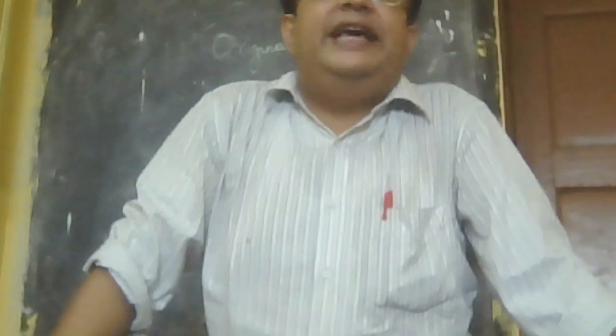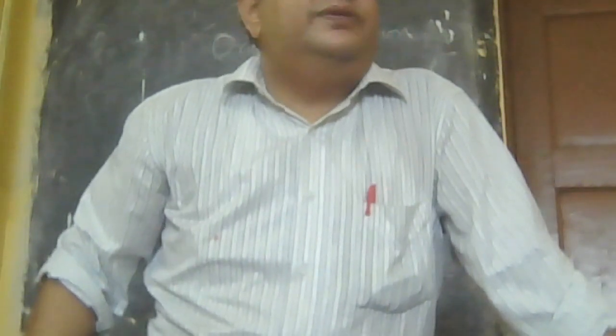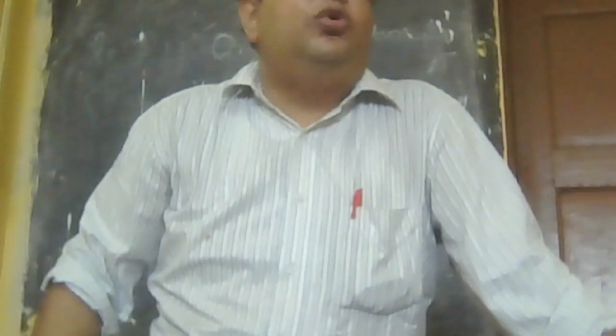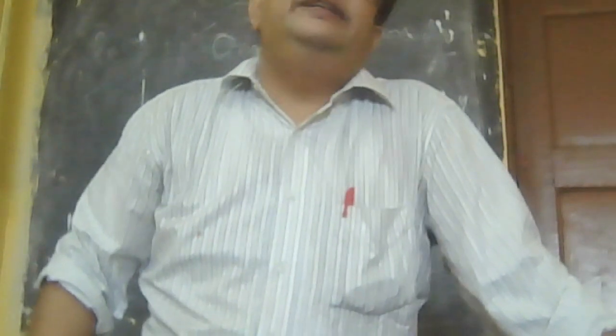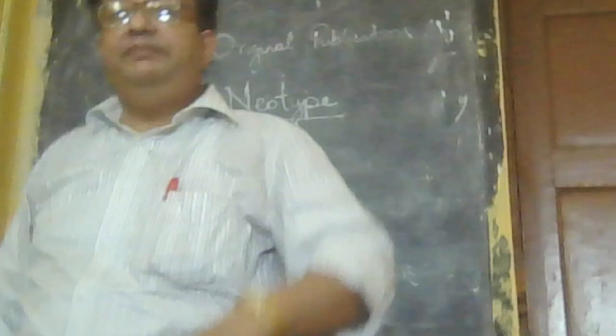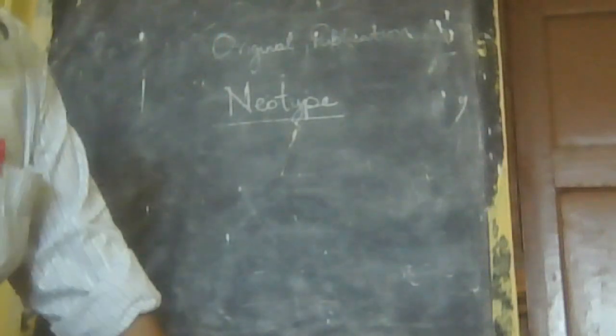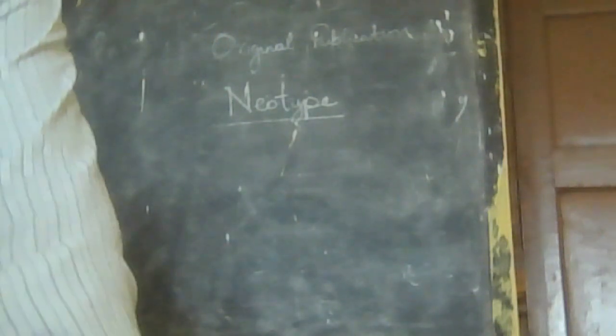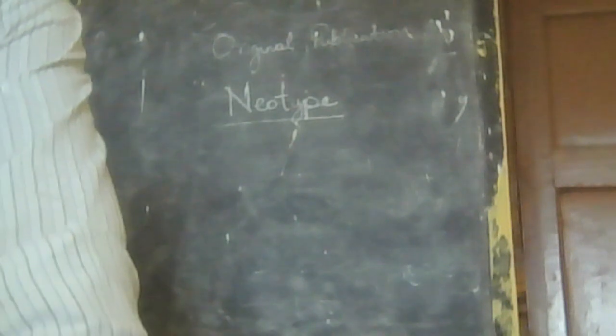It has died, become extinct, like dodos. So that specimen of dodo which is there, that is the neotype. That single. Now another dangerous thing in your syllabus: homonymy and synonymy.